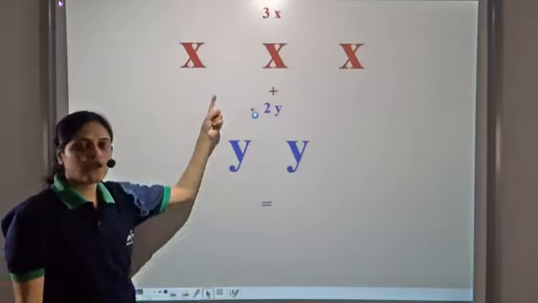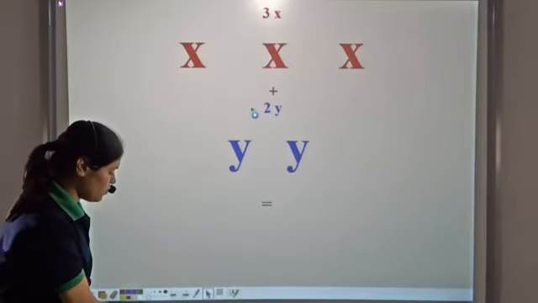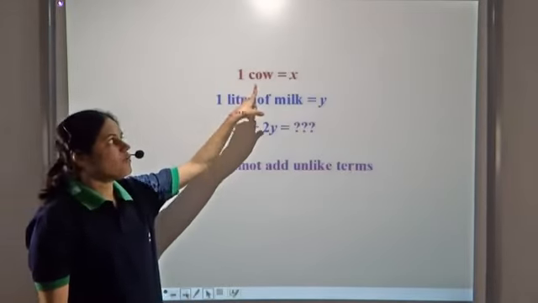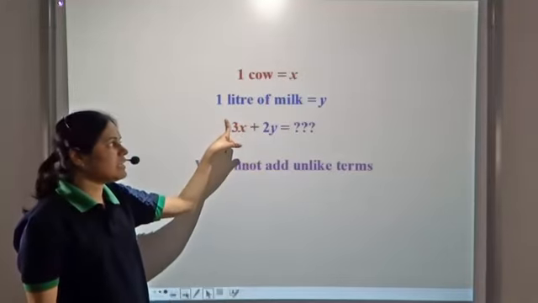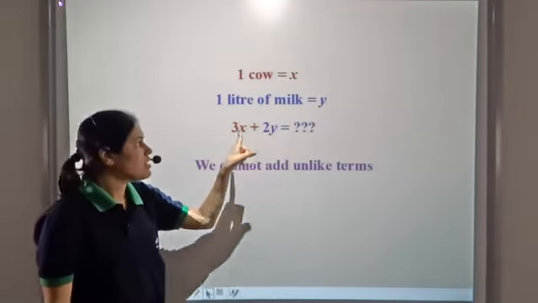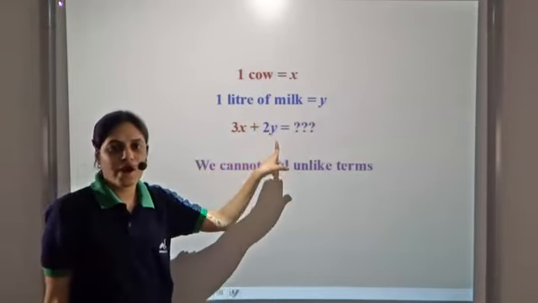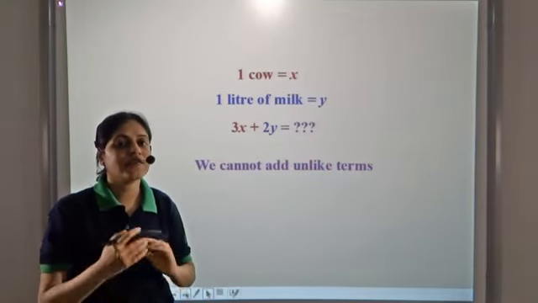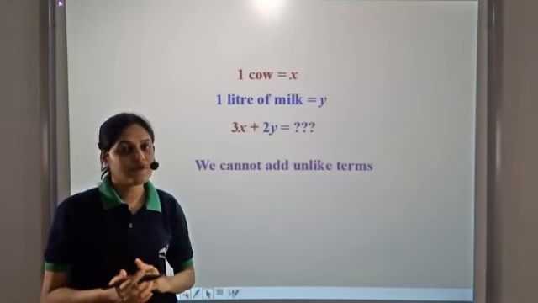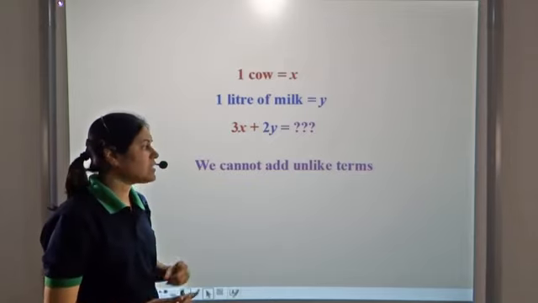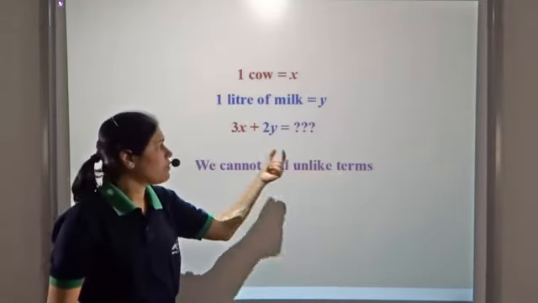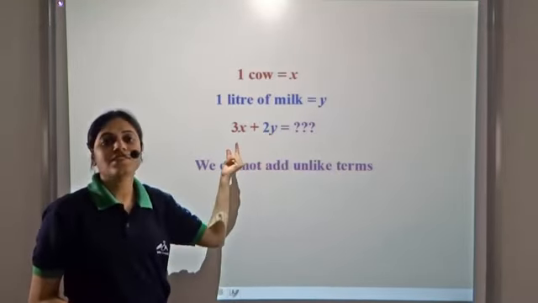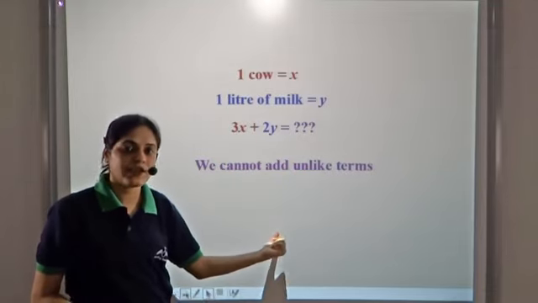So I cannot add these two. So if 1 cow is x and 1 liter of milk is y, 3x plus 2y cannot be added. So we cannot add dissimilar things. Similarly, we cannot add unlike terms because unlike terms stand for dissimilar things.